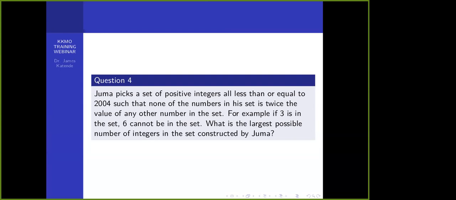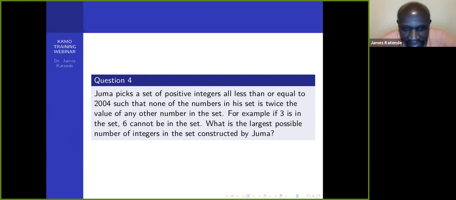I've understood what the previous student has said. But I think if you exclude the numbers that are twice odd numbers, there's a sequence: 4, 8, 12, 16, and so on. But in that sequence, there'll be numbers where you can't have both 4 and 8.